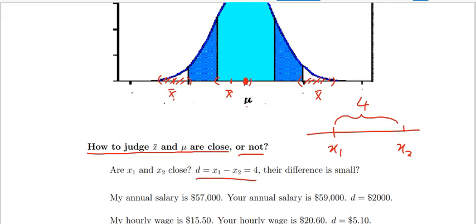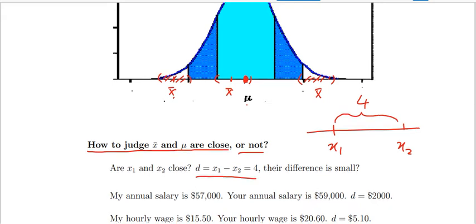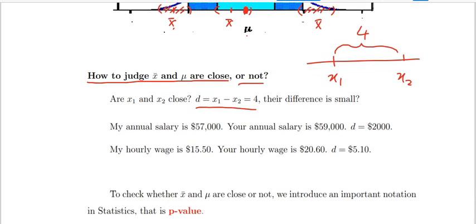Actually, we cannot. We cannot judge only from that difference, right? For example, suppose we're talking about annual salary. I say my annual salary is this, and your annual salary is this, and our difference is $2,000.